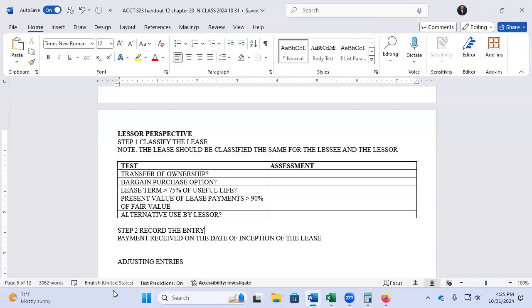If we get the payment received, we debit cash and then credit unearned lease revenue. So we're treating it like a deposit in advance when we generate a lease and we are the lessor. We have the obligation to provide that service. We did not sell or are not likely to sell the asset, and so it stays on our books.